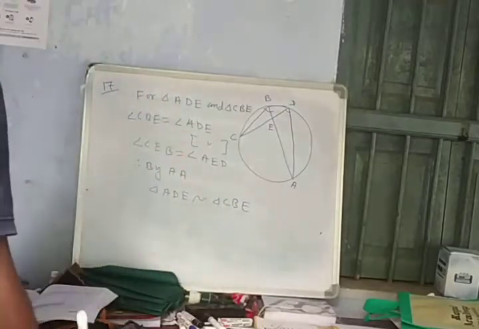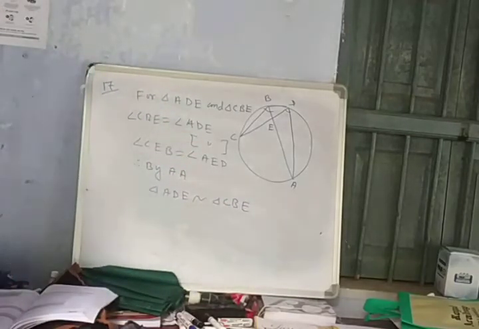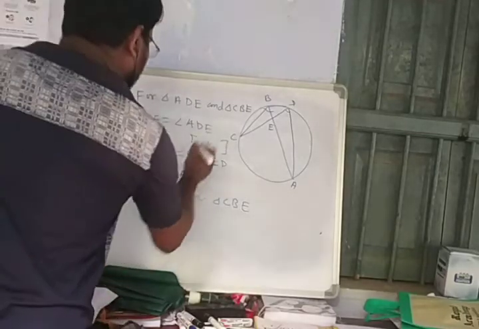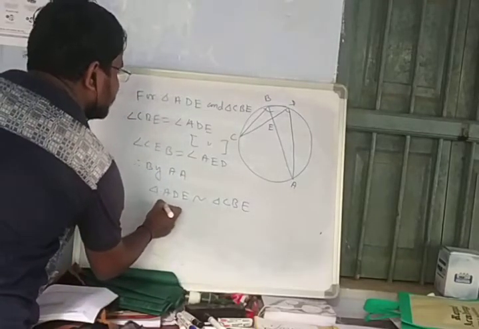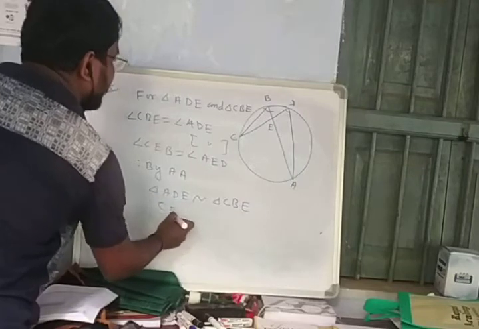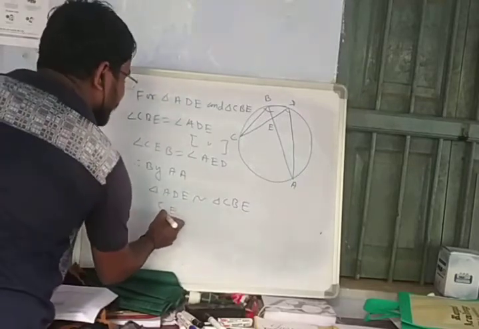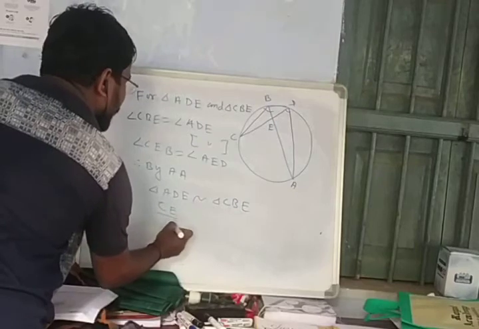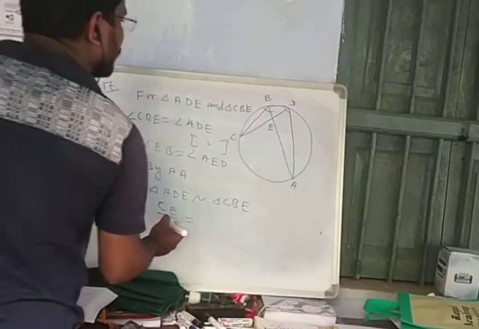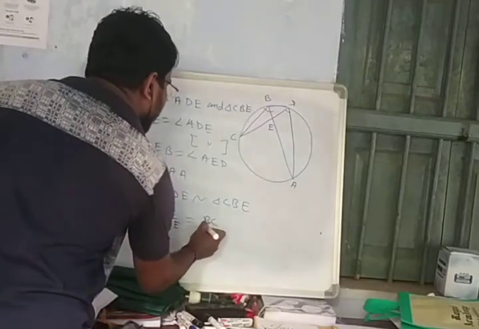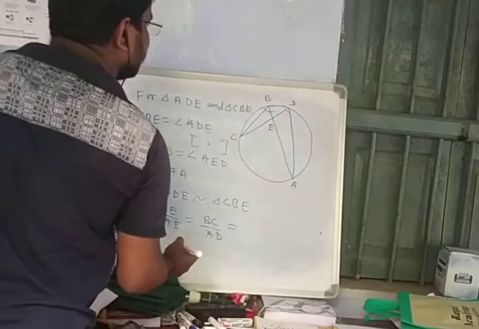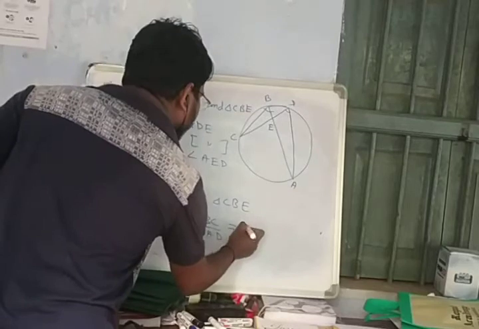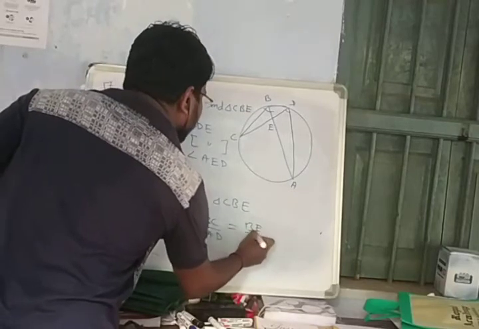When two triangles are similar, then their corresponding sides are proportional. The corresponding sides are proportional means we can write CE by AE equals BC by AD equals BE by DE.